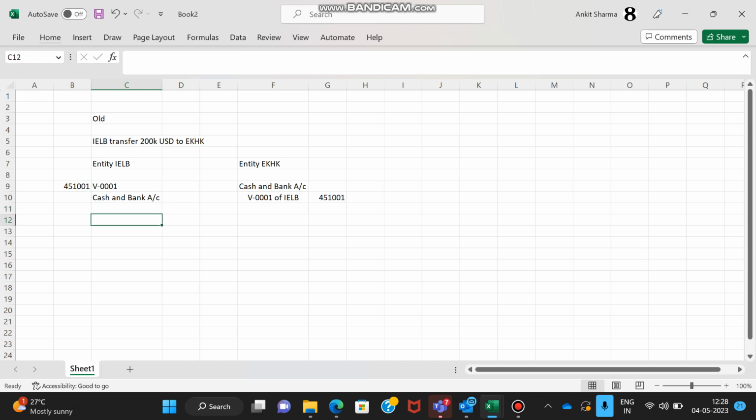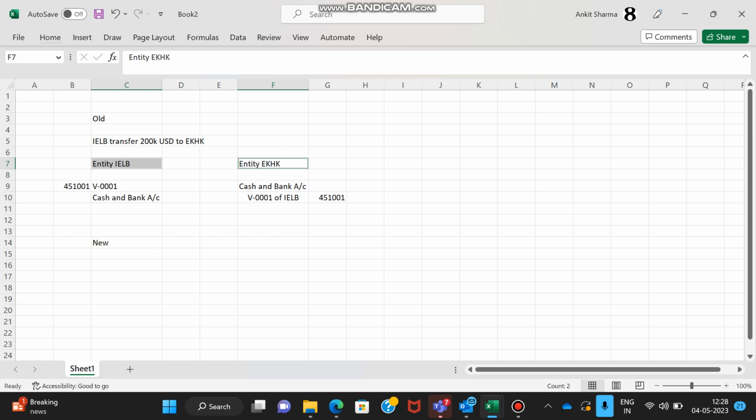So in the new method of accounting an intercompany transaction, what will happen? The entry will be done only by the entity which makes the payment. Here both the accountants were making the entry in their respective books.